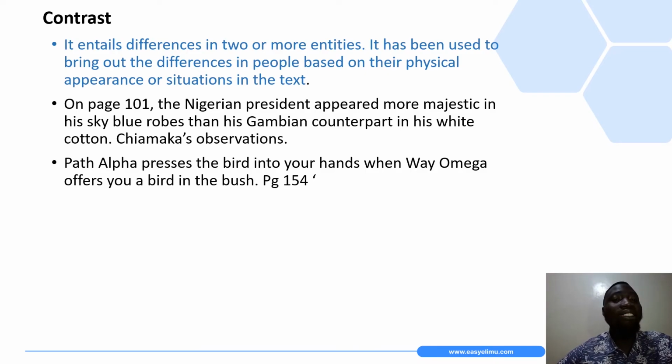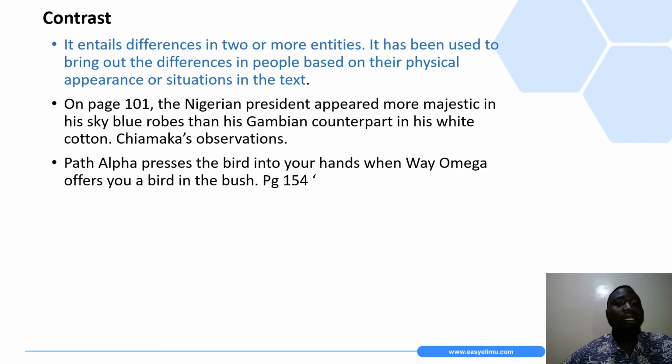Just say that contrast is a difference that is brought out in people. So we can have two different people who maybe like different things and all that. So that is an example of contrast.